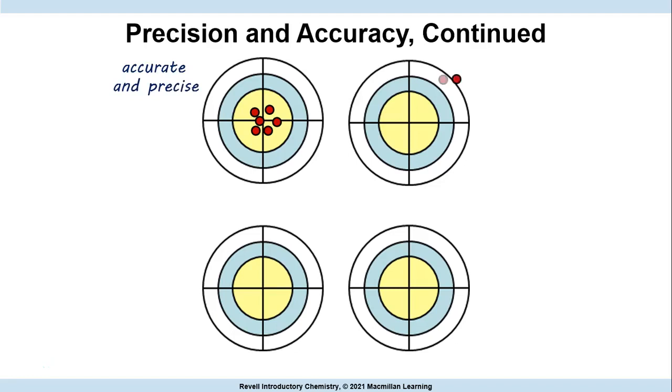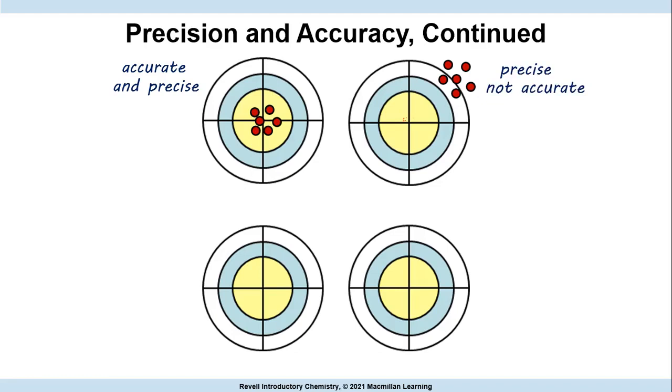In the second case, we have fired shots and we see that those shots are close to each other, but they are not close to the target. The target is right here. So we can say it is precise, but it is not accurate because it didn't hit the target.